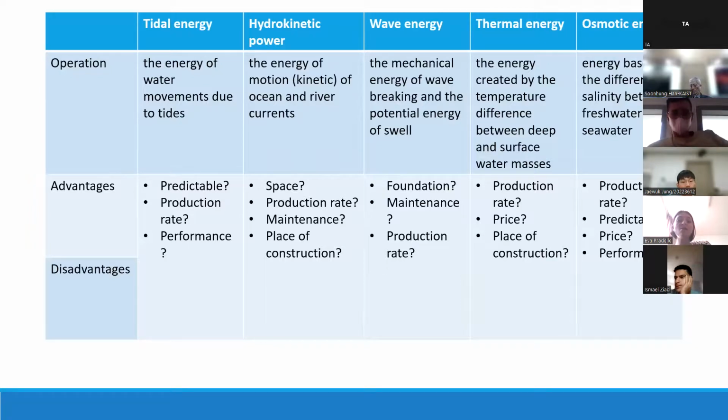Do you have an idea of what could be this last disadvantage? We need a lot of water. A lot of fresh water. So again, you have to construct this near a place where there is a lot of fresh water.